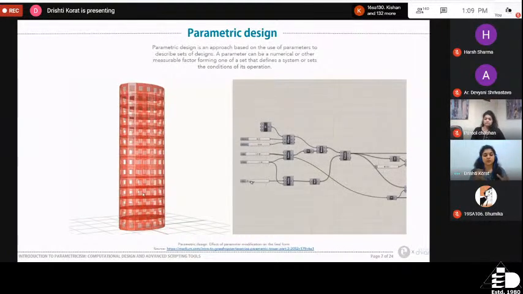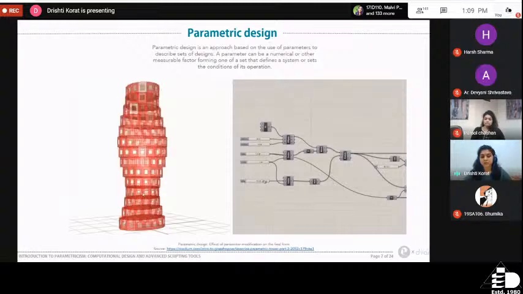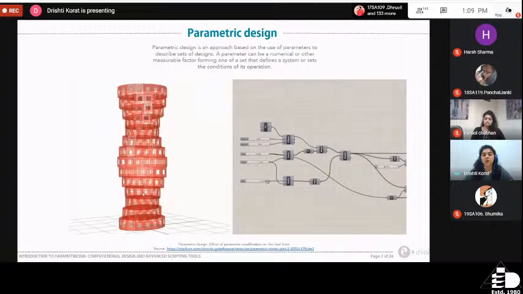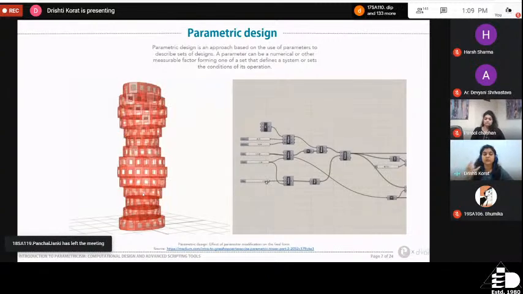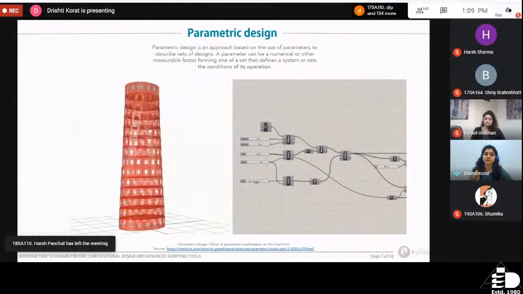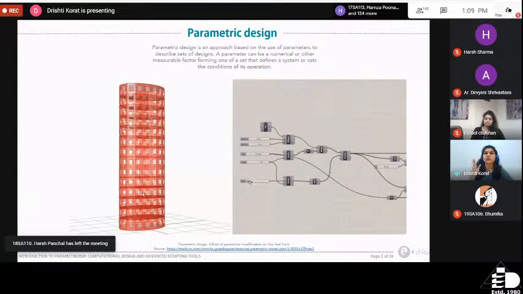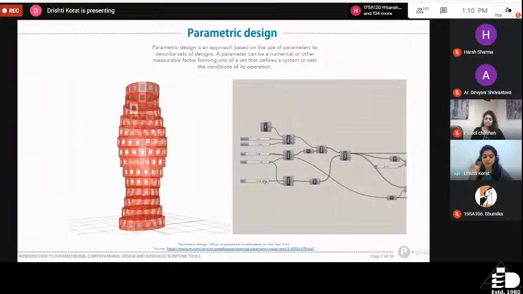Any geometry in this world can be broken down into 2 segments: one is its rules or its algorithm, and two is its parameters. When we talk about a geometry like a square, its rule is a closed four-sided polygon with equal sides and 90 degrees between each side. So that is the formula.